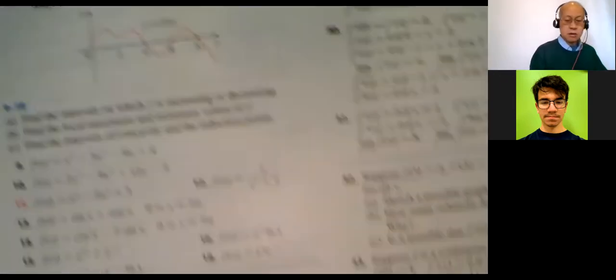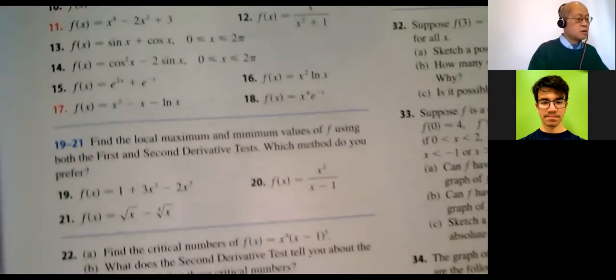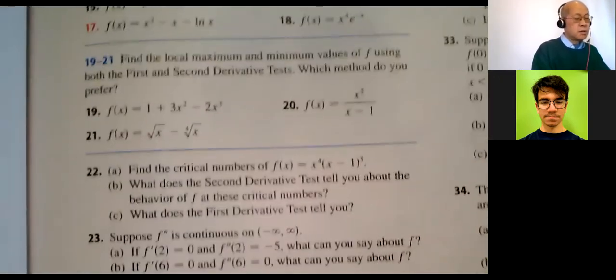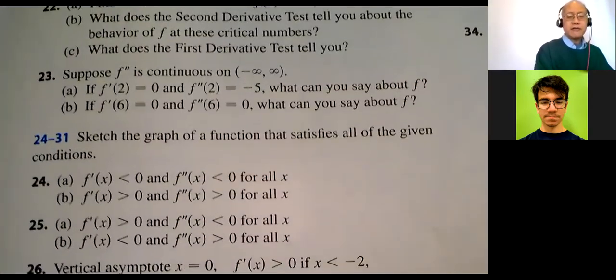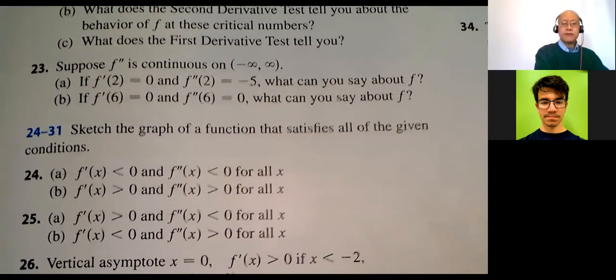All right, what time is it? 10 to? Okay, let's see how much time do I have for any more. So let me get started with something else. Okay, 25 and 24. I was going to do 24 also.